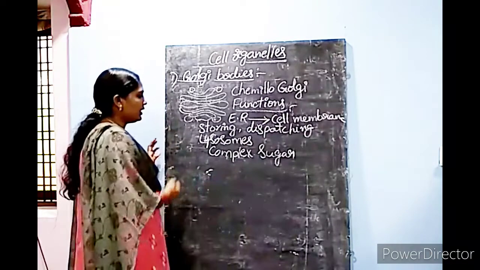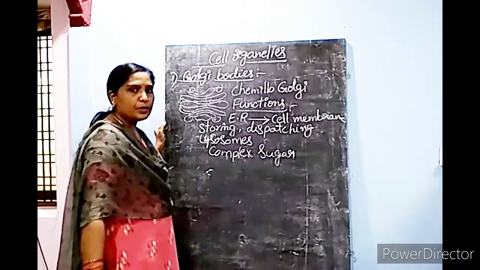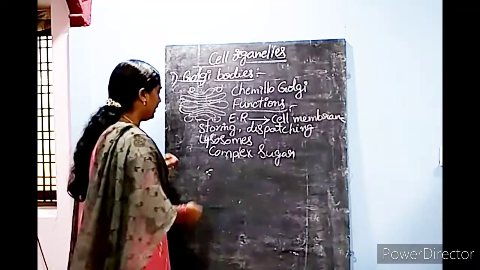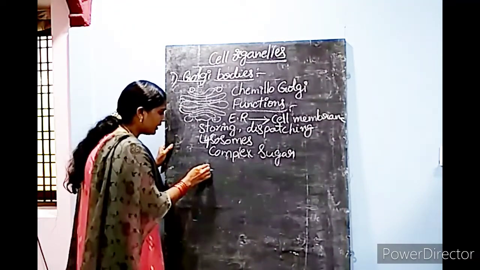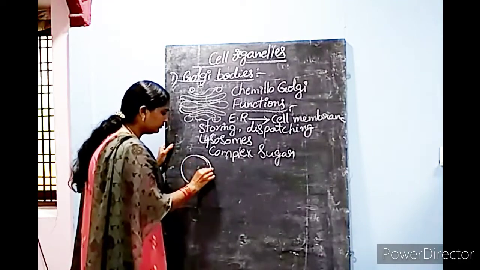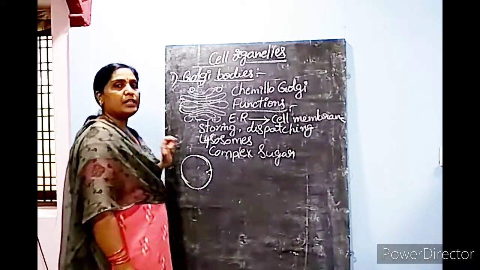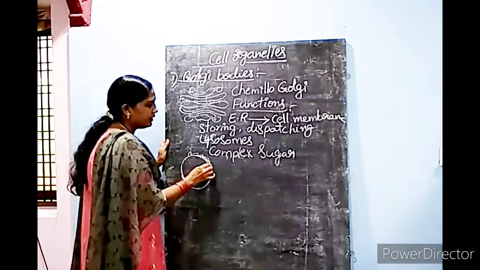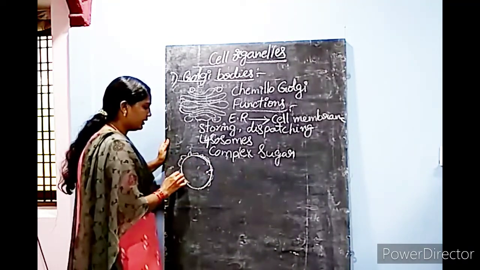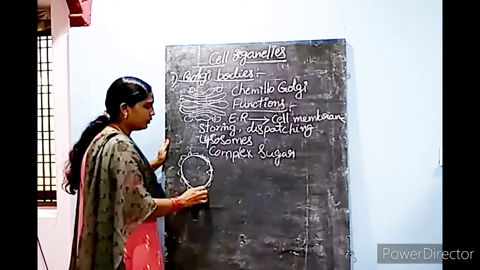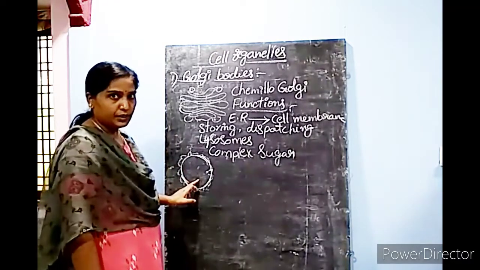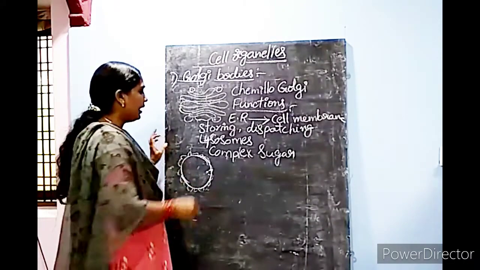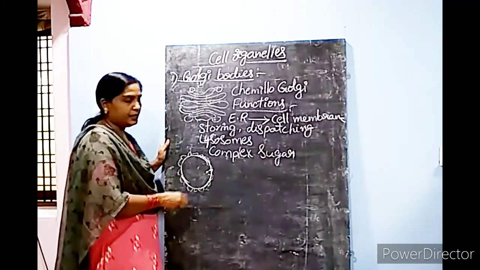Okay. Now we will see what lysosomes are. What actual function they do in a cell. Lysosomes are single membrane vesicles. They are also membrane bounded vesicles connecting with the cell membrane, and a single membrane is present.